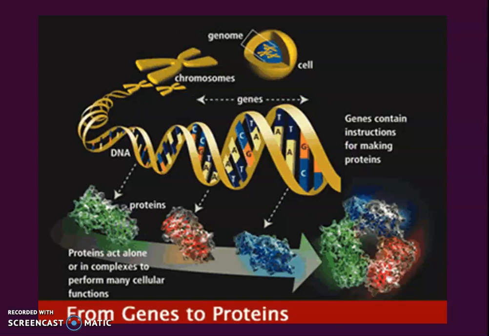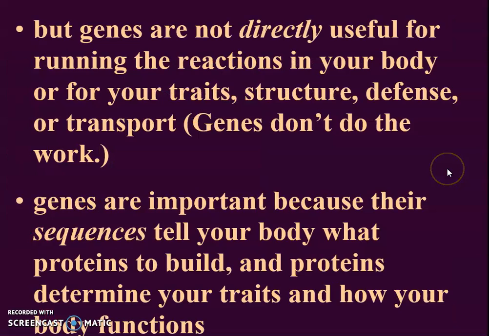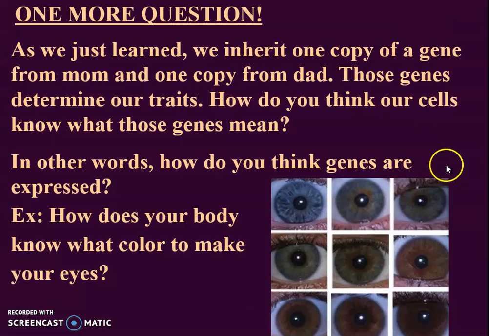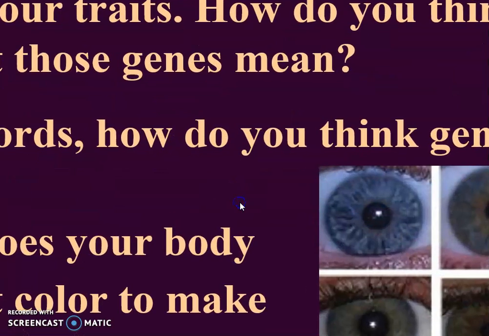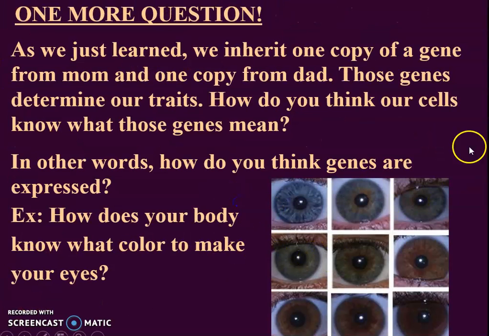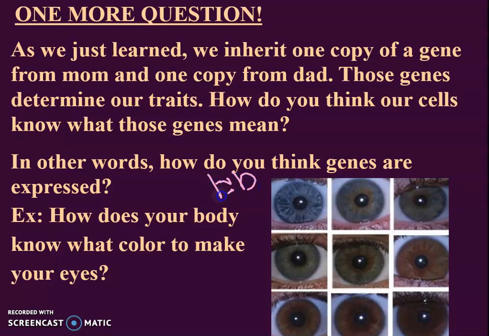So when we look at somebody with blue eyes, they are little b. And their DNA told their body to make no protein, to make no melanin.